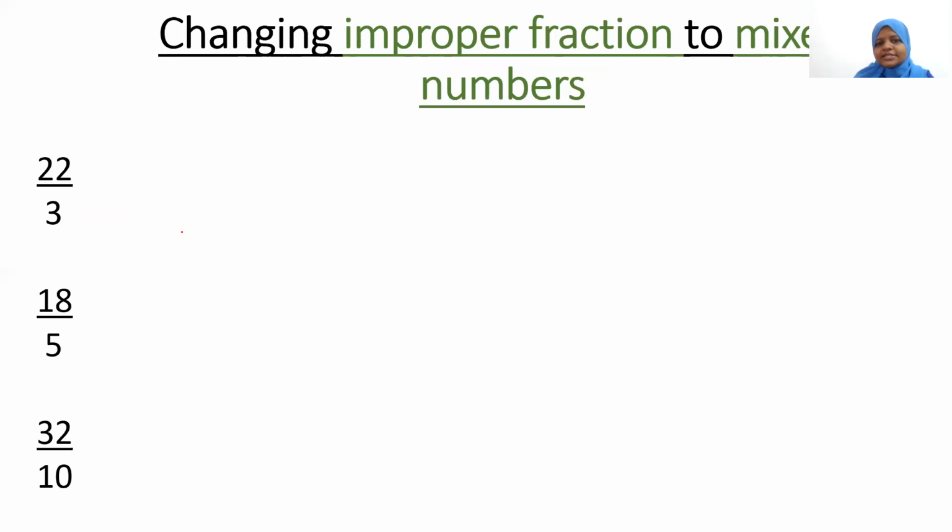The next one is changing an improper fraction to a mixed number. This is also completely easy, but you should know division a little, right? Now 22: in 22, how many threes are there? We'll count. 3 ones are 3, 3 twos are 6, 3 threes are 9, 3 fours are 12, 3 fives are 15, 3 sixes are 18, 3 sevens are 21, 3 eights are 24. You can't go to 24 because there is only 22.